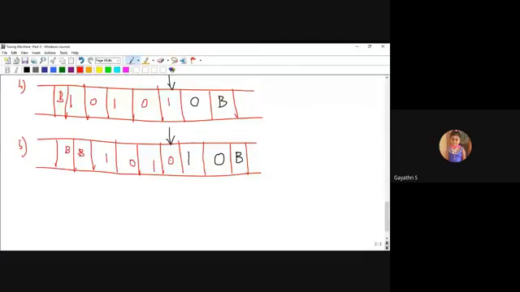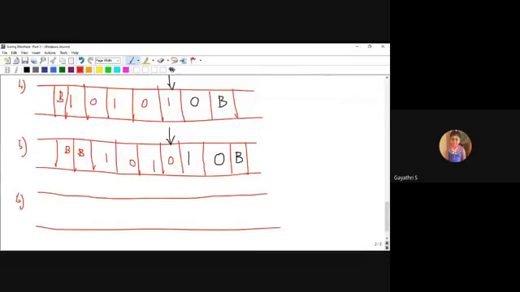In the remaining part, when 0 comes, convert it into 1; if 1 comes, change it to 0. B is visited, 0 is visited, 1 is visited. That 0 is converted into 1.